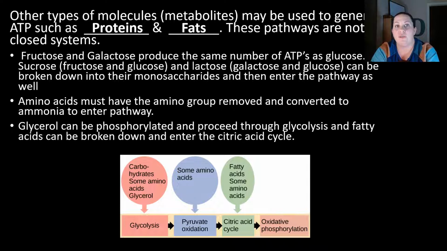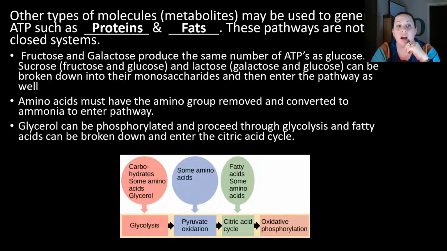However, sucrose, which is a more complex sugar, a disaccharide, and lactose can be broken down into their monosaccharides and then enter the pathway. But there's an extra step that has to happen to break those down. Amino acids must have the amino group removed and converted to ammonia to enter the pathway. So proteins can also enter this process, but it takes an extra step.